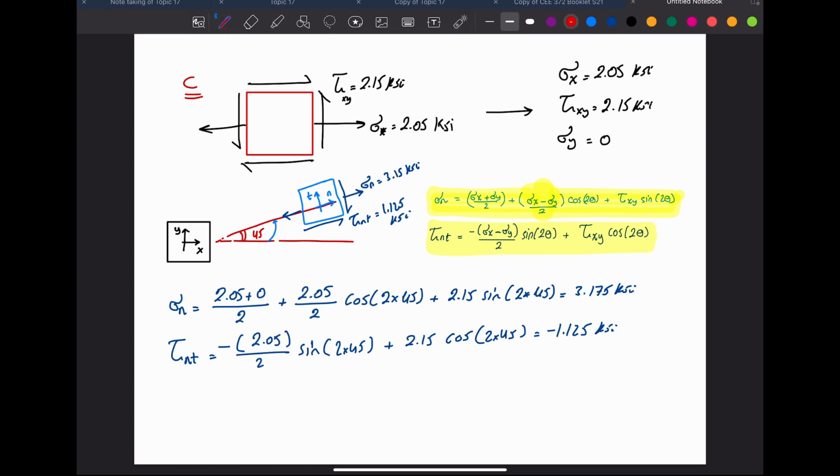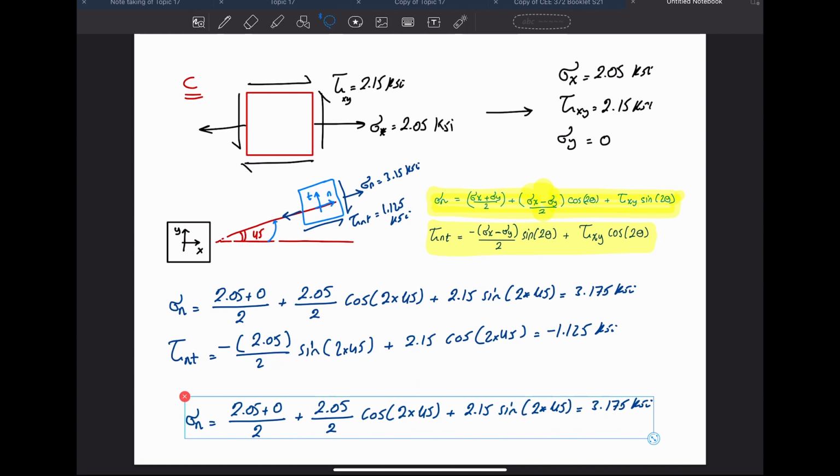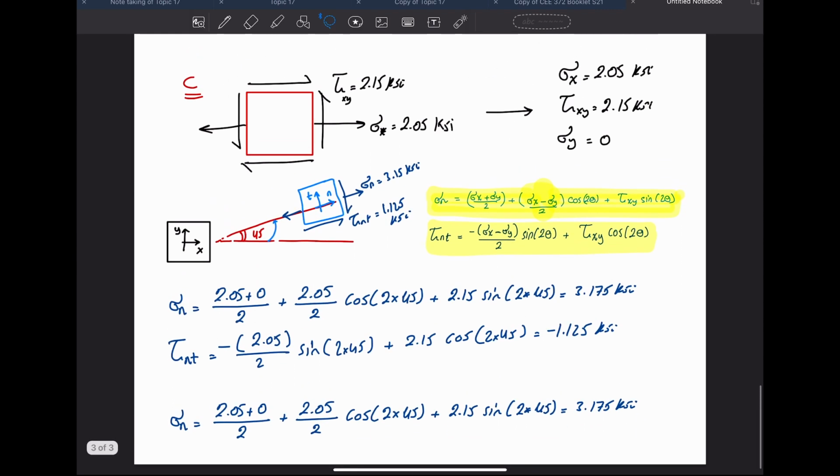Now, what is missing is stress in T. As we said in the lecture, stress in T is going to be the same equation as stress in N, but instead the theta is going to be 90 plus that theta. So instead of using 45, I'm saying 45 plus 90, which is 135. So I'm going to erase this and put 135.